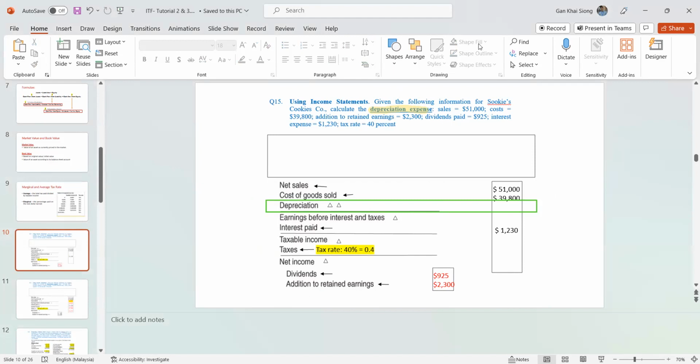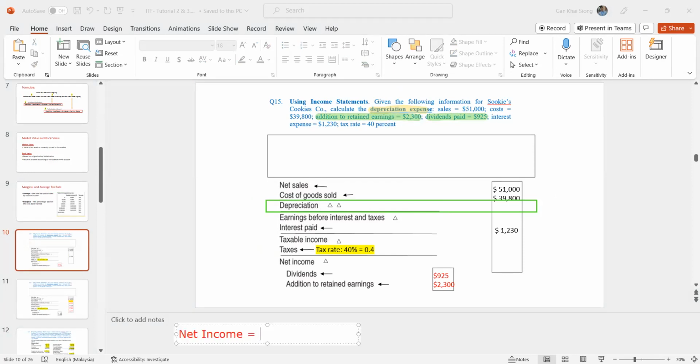First of all, you see this question, you are being given these two information, which is dividends paid and the addition to retained earnings. So in the beginning of the class, what is the first formula that I asked you to remember? Net income equals dividends plus addition to retained earnings.